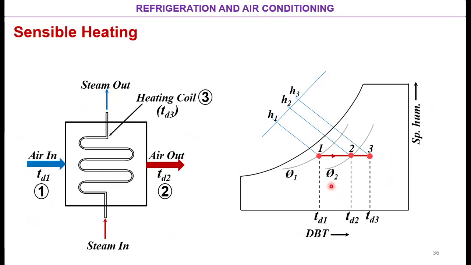Then you should write that sensible heating is a process where the dry bulb temperature of the air increases without change in moisture, that is, there is no increase or decrease in the specific humidity. Specific humidity will remain constant, so omega 1 equals omega 2. Understood? Yes, sir. This answer should be written for this question if it is asked in the examination.